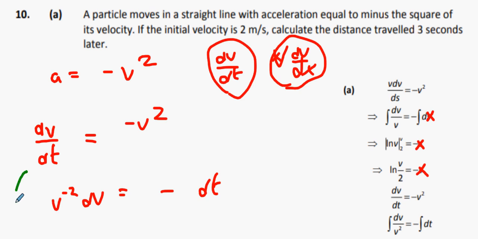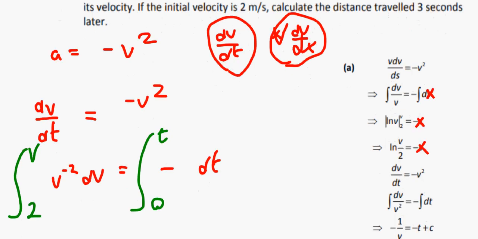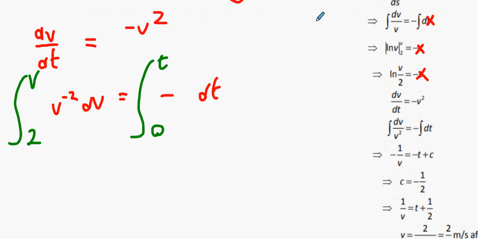We're going to put in some limits. Initial velocity is 2, so what does that mean? v goes from 2 to v, and t goes from 0 to t. Is that okay with you guys? Alright. Integrate that. We add 1 onto the power and divide by the new power.